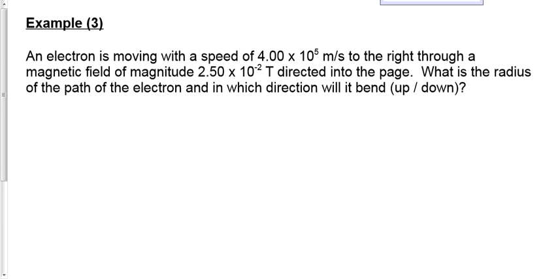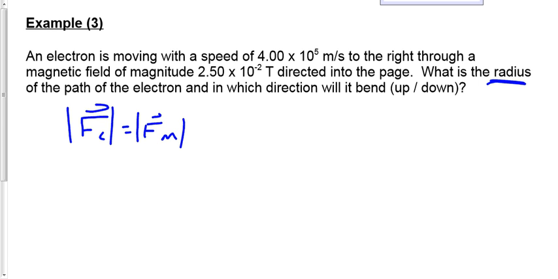We're allowed to use F is equal to mv squared over r. Or we're allowed to use the combined equation, FC is equal to FM. If you're looking for radius, you're usually going to use the combined equation. There's nothing wrong with trying one of the other ones, but you're usually going to end up using the combined equation. So let's try that first.